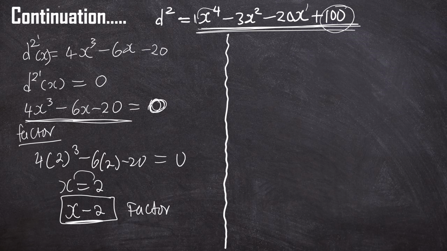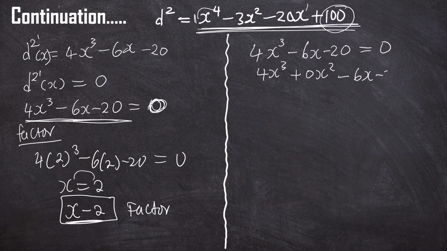So let me write it here for you: x^3 - 6x - 20 is equal to 0. If we have to include all the terms, I'm just going to put 0x^2, like we're adding nothing because it's 0. Then minus 6x minus 20 is equal to 0, so that it can be very easy for us to factorize.